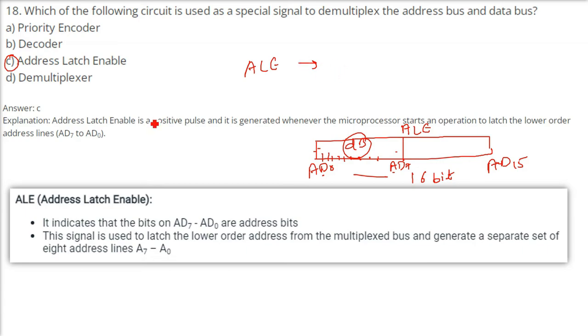This signal is used to latch the lower address from the multiplexed bus and generate a separate set of 8 address lines, which is A0 to A7. This is just like a latch. Sometimes this whole will be used as a data bus, sometimes as the address bus, depending upon the situation.